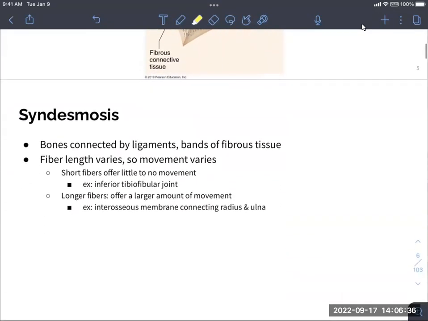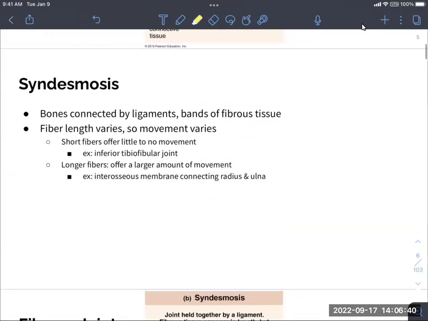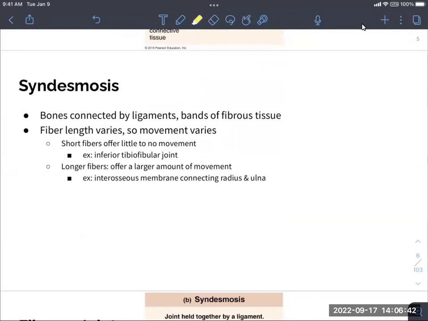Let's look at a syndesmosis. A syndesmosis type of joint is connected by ligaments. We kind of looked at them when we looked at tissues, but a ligament is fibrous tissue, just a band of fibrous tissue.